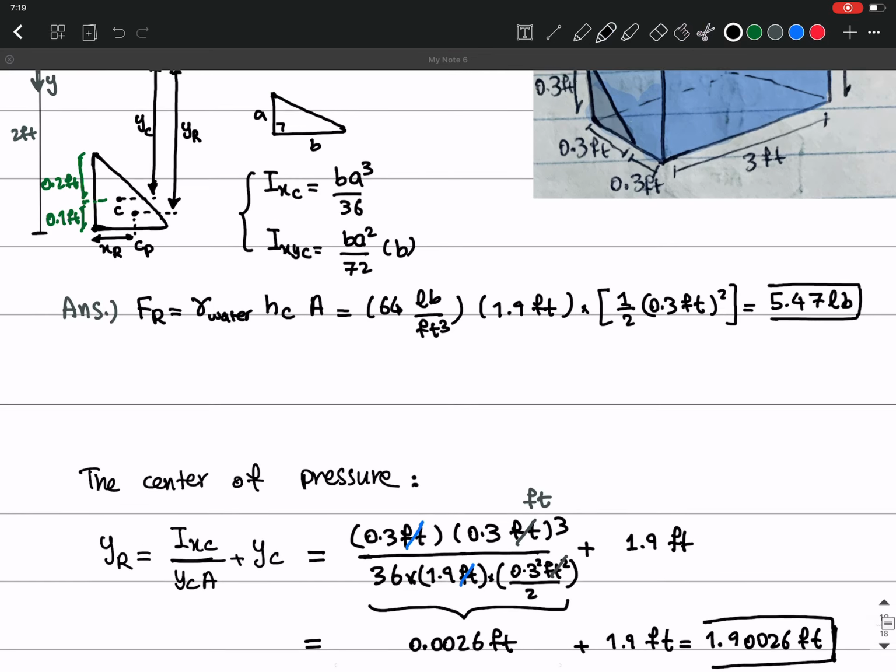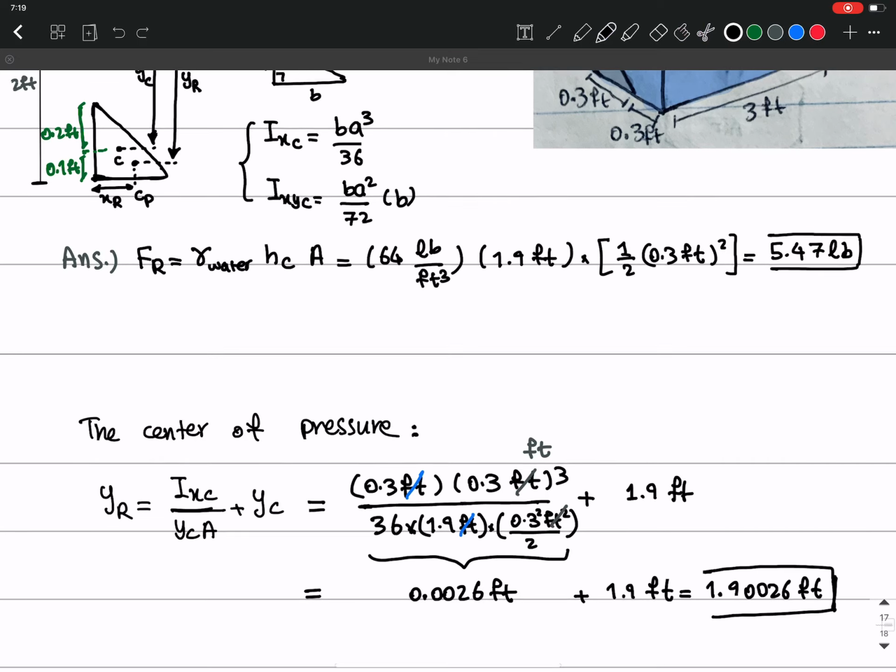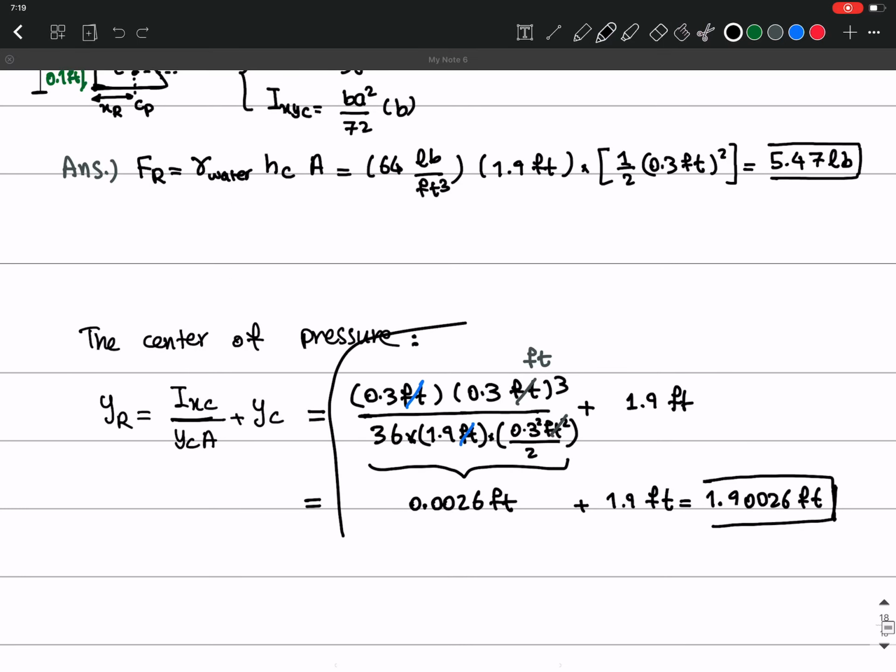The center of pressure is very close to the center of area here. The difference is pretty small, but it still is not exactly there, and we need to know that for specially designed problems that this is not exactly there.